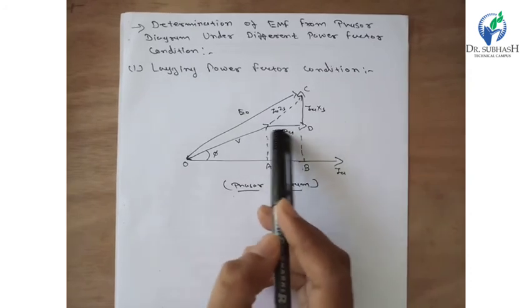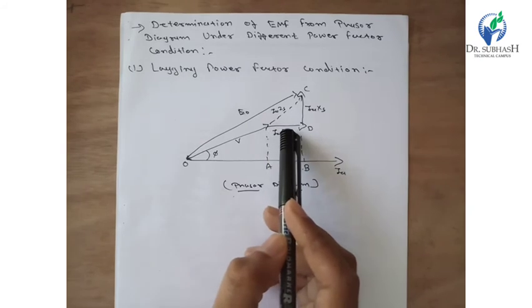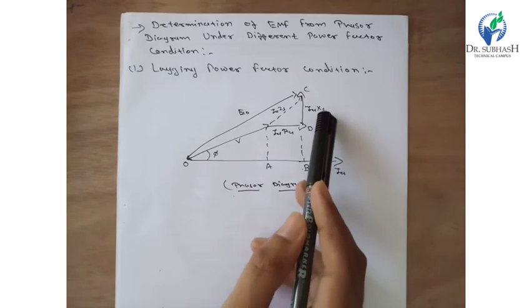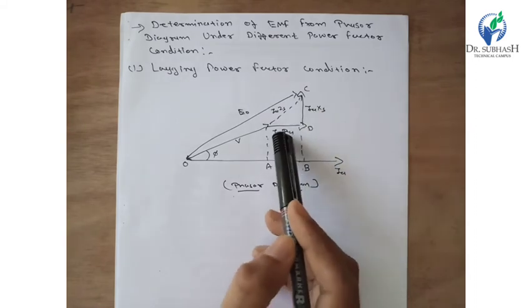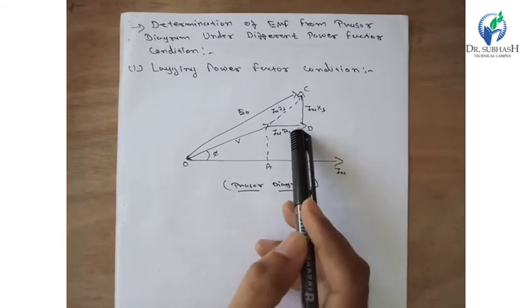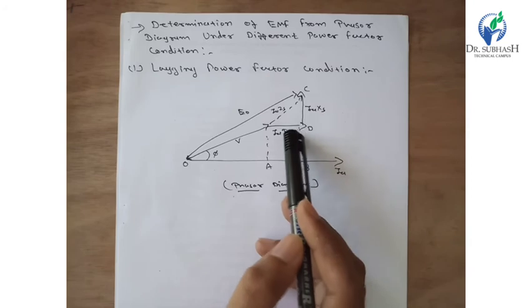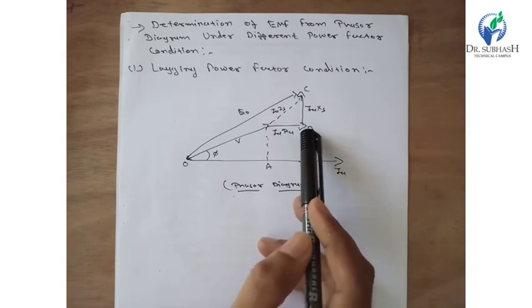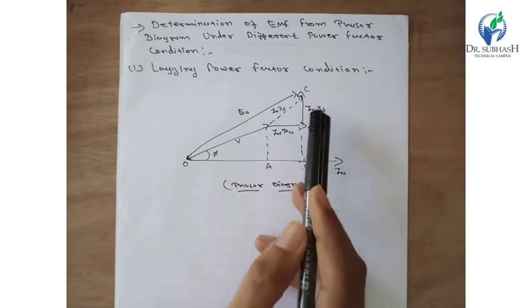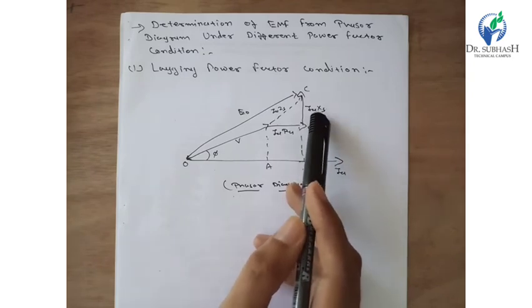Now for the inductive drop, IA into XS is added at the tip of IA into RA. There is an angle of 90 degrees to the armature current, since this is known as an inductive drop.